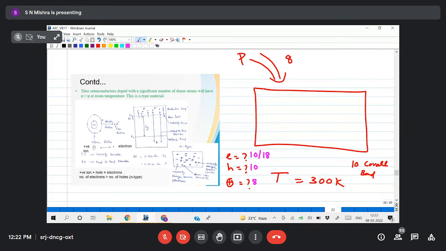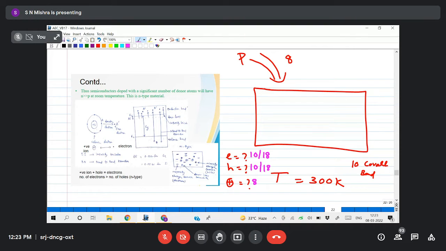So it will be 10 or 18. Then the hole will also be 18 if electrons will be 18. Hole will also be 18.